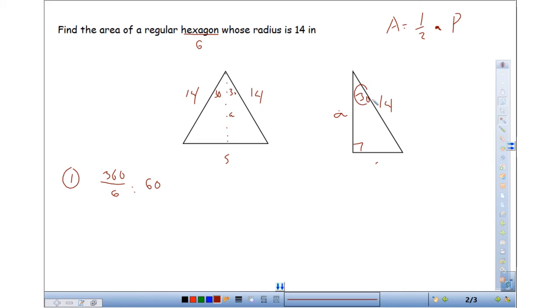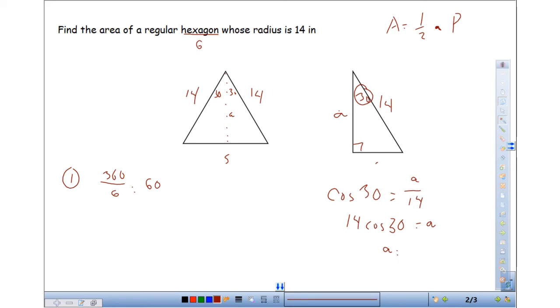So using 30, A is my adjacent, 14 is my hypotenuse, which means I'm going to use the cosine. So the cosine of 30 is equal to the adjacent over the hypotenuse. So when I cross multiply, that will become 14 cosine of 30 equals A.